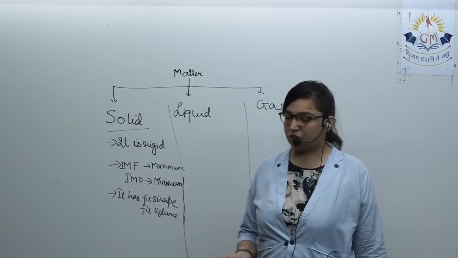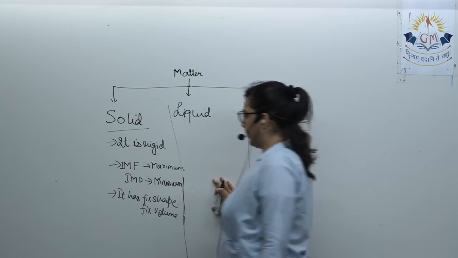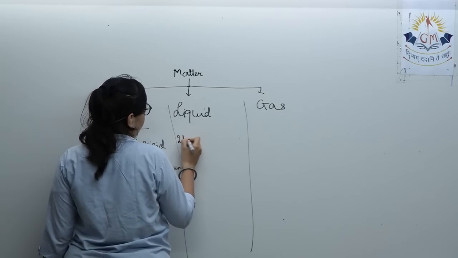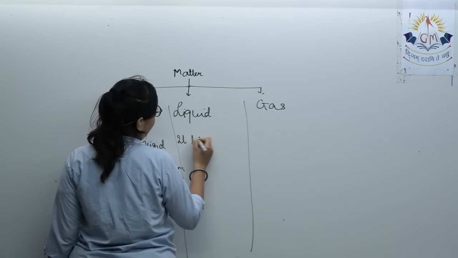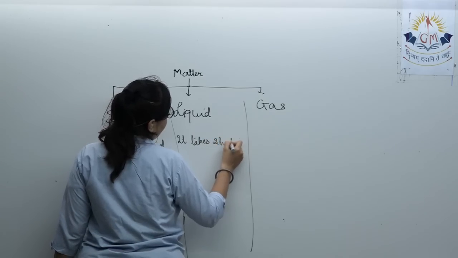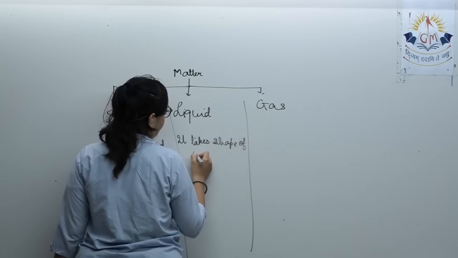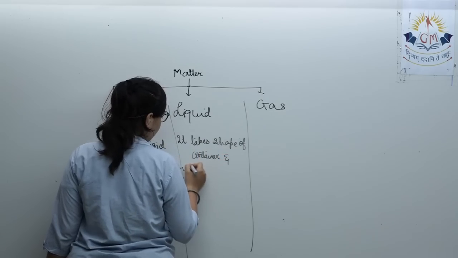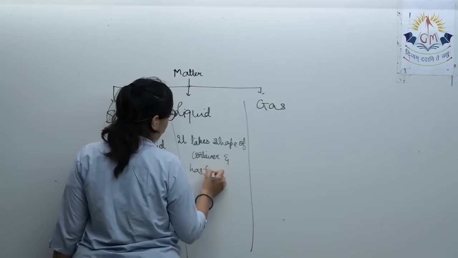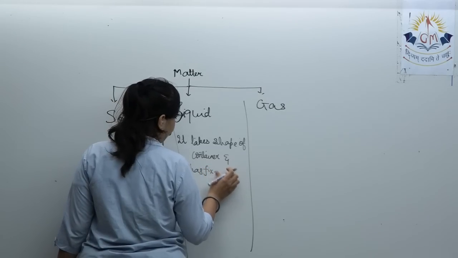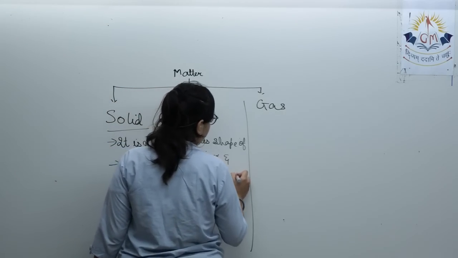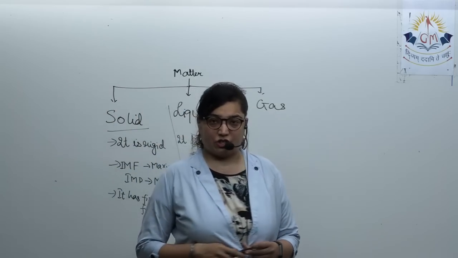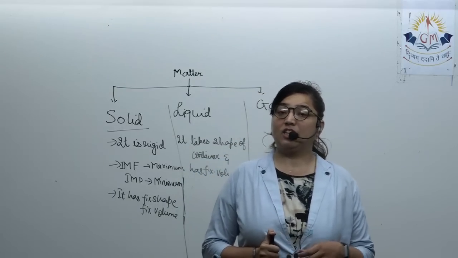It cannot change. Coming to liquid, it takes the shape of its container and has fixed volume. The volume will not change, but the shape will.